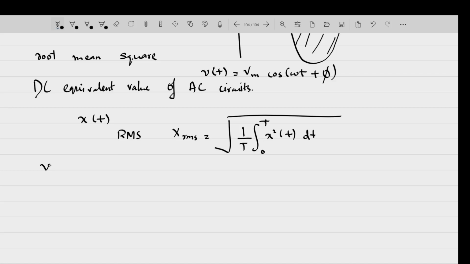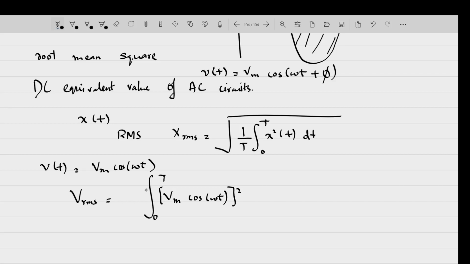Now we have a function, say for example v(t) equal to Vm cos omega t. If we want to find out the Vrms value of this function, Vrms will be equal to what? It will be equal to Vm cos omega t squared, then integrating this over the complete cycle, 1 by T, and then taking its square root.